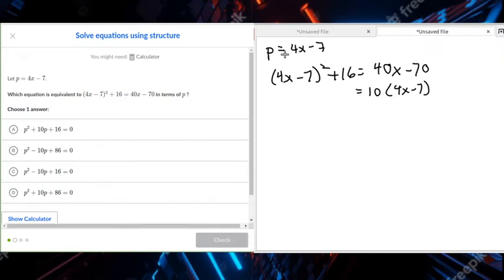And then we can substitute p for 4x minus 7. Then I have p squared plus 16 is equal to 10 times p, 10p. Then I'm going to subtract 10p from both sides to get everything together in a nice quadratic looking form.